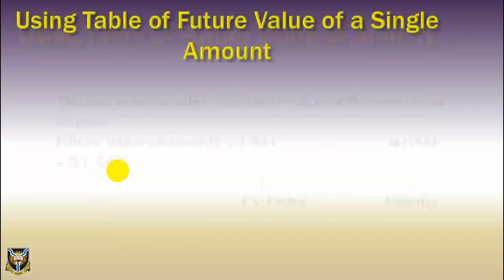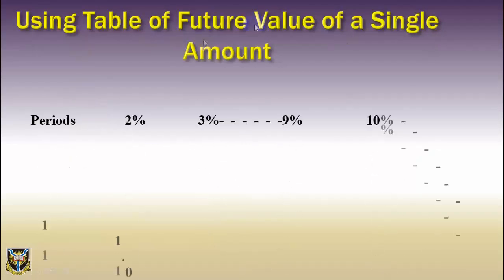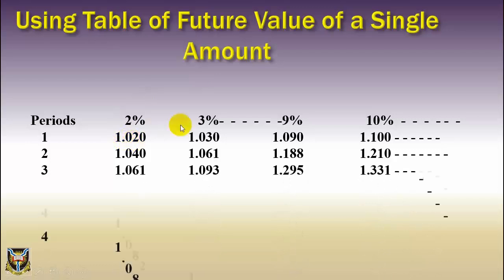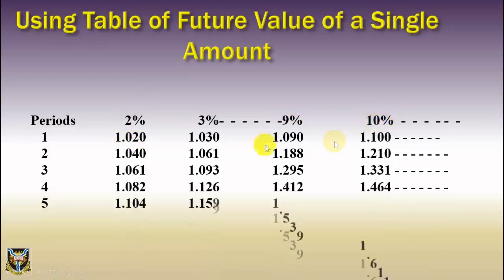E. Using table of future value of a single amount. Periods, 2%, 3%, 9%, 10%.